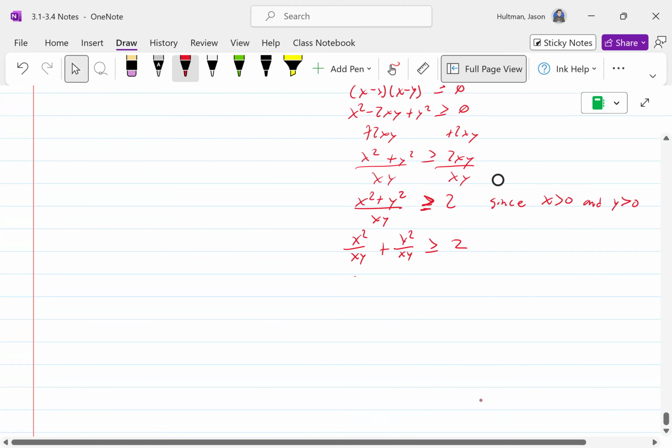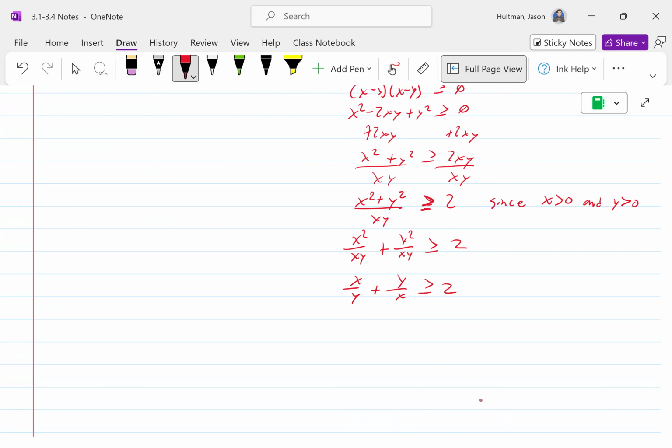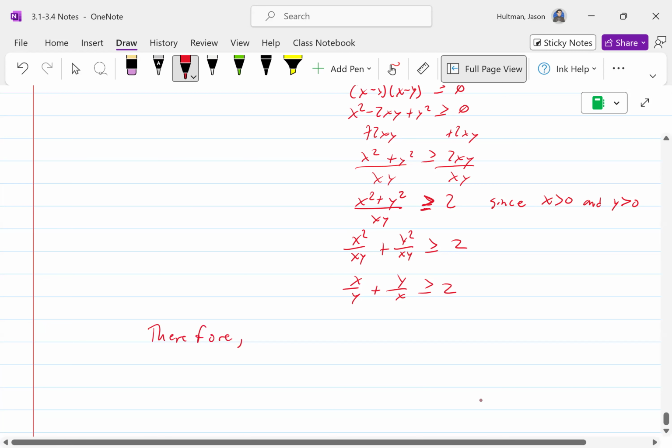And then we cancel: x over y plus y over x is greater than or equal to 2. Therefore, if x and y are positive real numbers, then x over y plus y over x is greater than or equal to 2. End of proof.